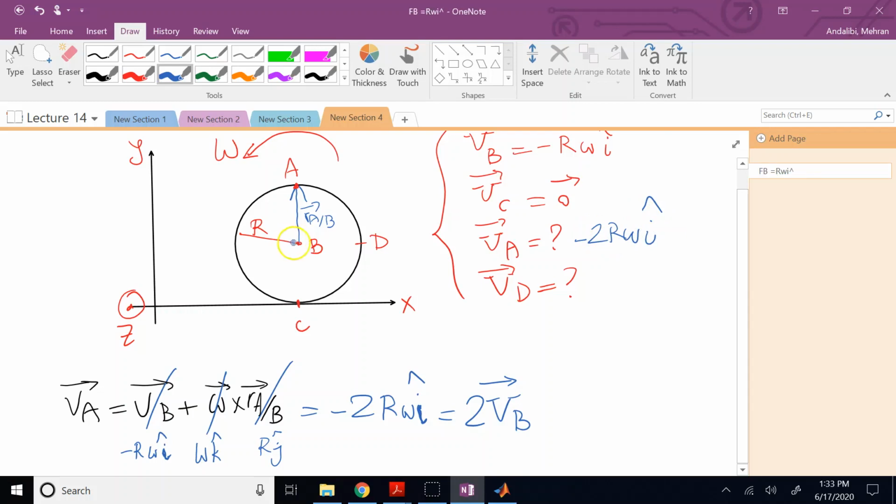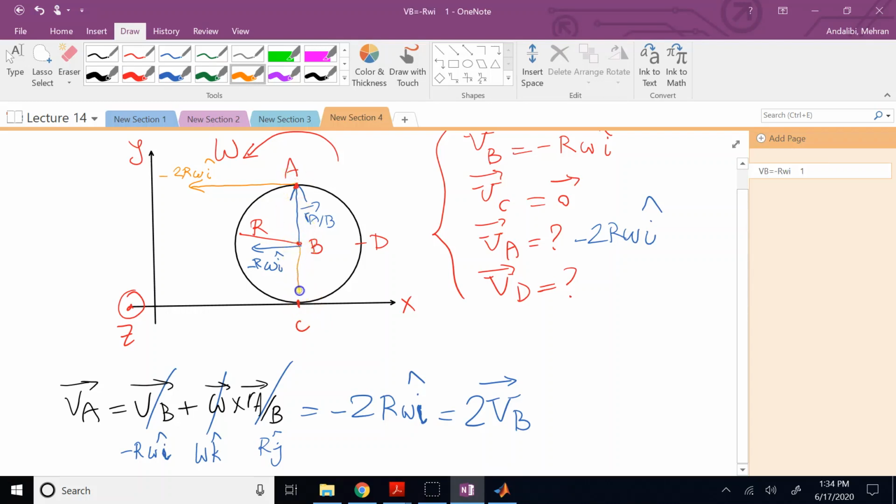So if this point is moving with velocity b forward, of magnitude r omega, this point is moving with negative 2 r omega i. And this point here, c, does move with 0 velocity.